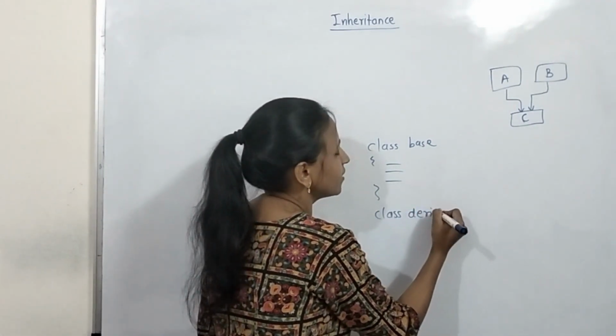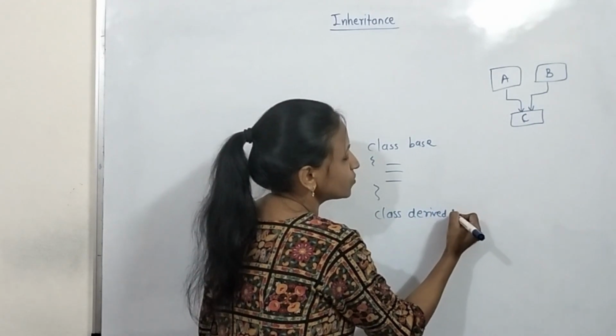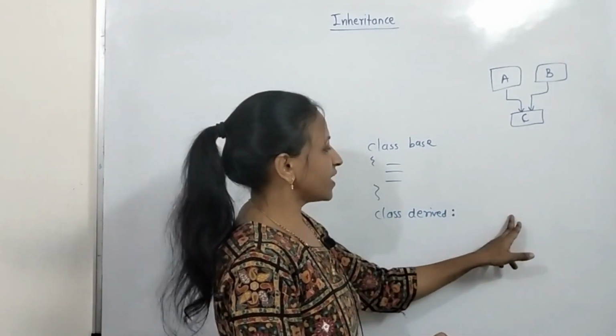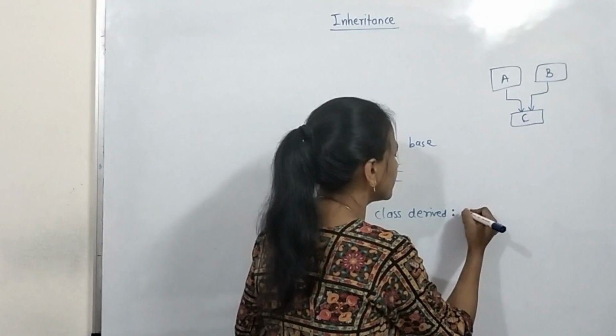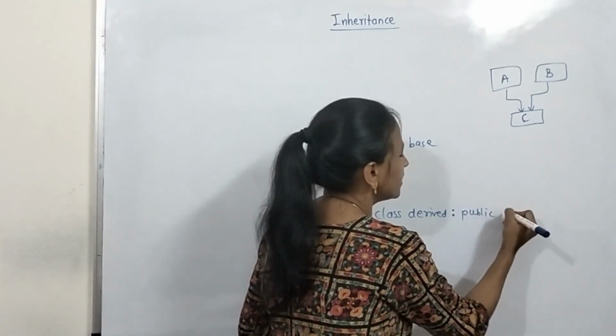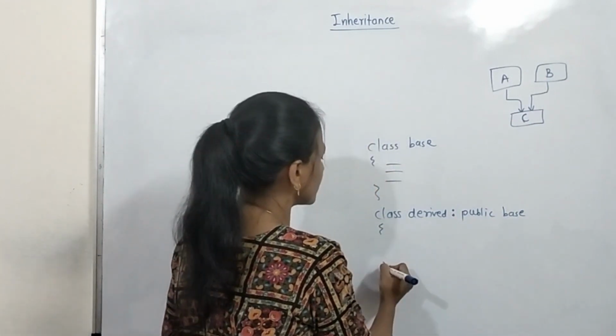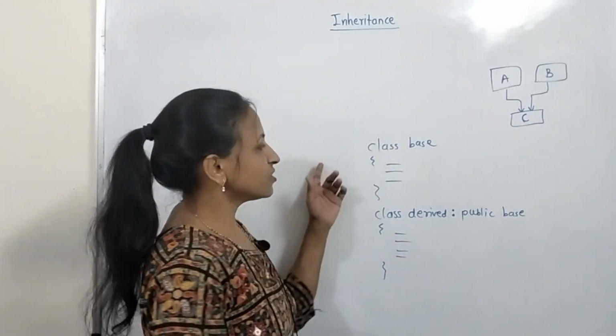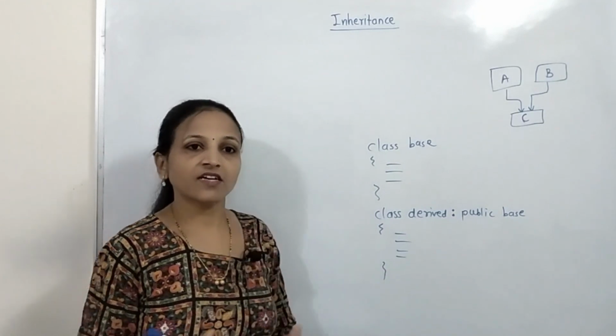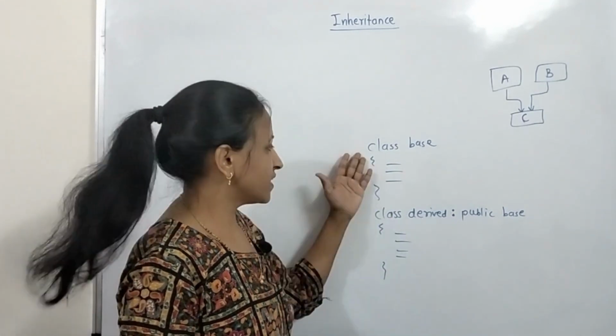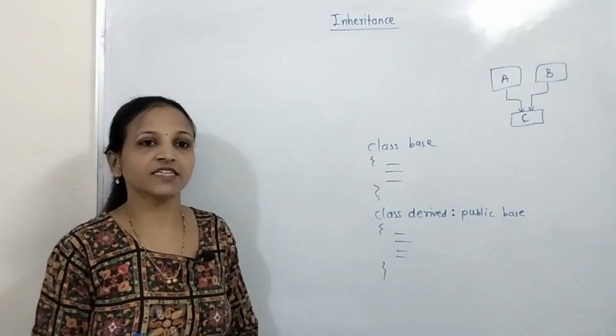I am naming the class derived. We use a colon, and then we write the visibility mode, let's say public, and then the base class name, which here is again base. In this way we can inherit a class, meaning how to create base and derived classes. This is just the syntax.